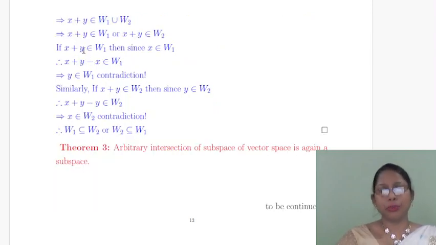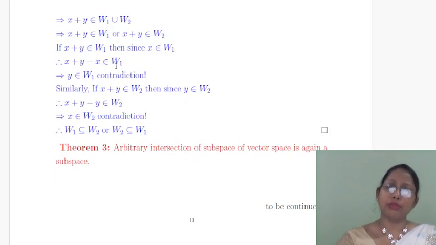So x plus y minus x: if x belongs to W1, then additive inverse minus x belongs to W1, as W1 itself is a vector space. As W1 is a subspace, that means it is a vector space. So if x belongs to W1, then its additive inverse belongs to W1. So x plus y plus minus x belongs to W1. That is, W1 is closed under vector addition. So x plus y minus x, that is y, belongs to W1.